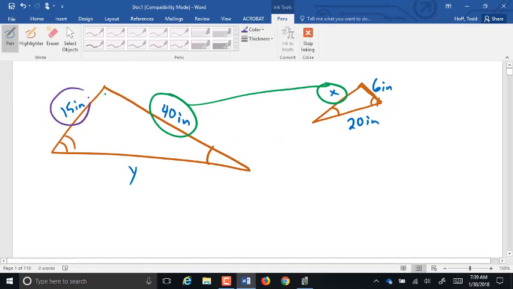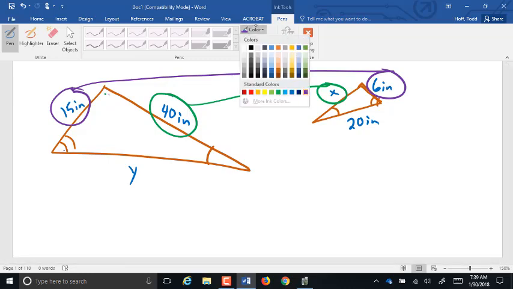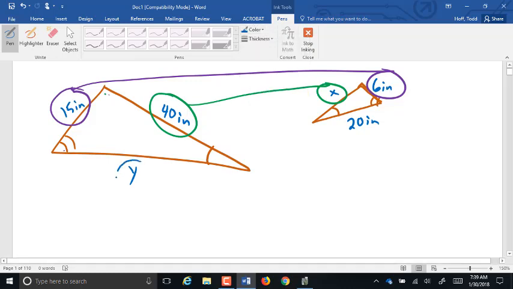What corresponds to the 15 in the other triangle? The 6. Very good. They're both between the unmarked angle and the one marked with 2 arcs. And then finally, what corresponds to the Y? Better be the 20. It's the only one left. They're both also between the angle with the single arc and the angle with the double arc.